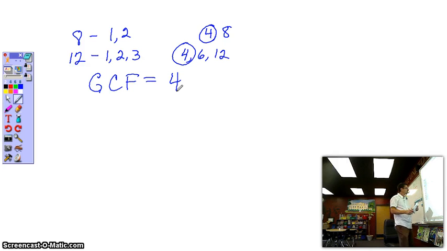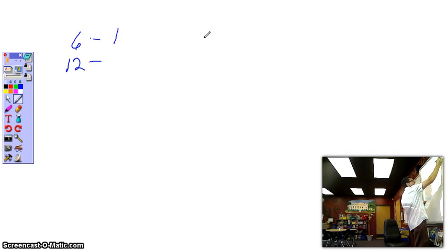What's the greatest common factor, next example, of 6 and 12? Let's go to a new page. Greatest common factor of 6 and 12. So we find the factors of 6, factors of 12. Factors of 6, again, we start with 1 and the number: 1 and 6, 2 and 3.